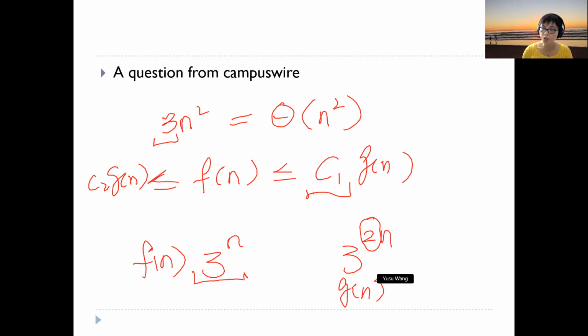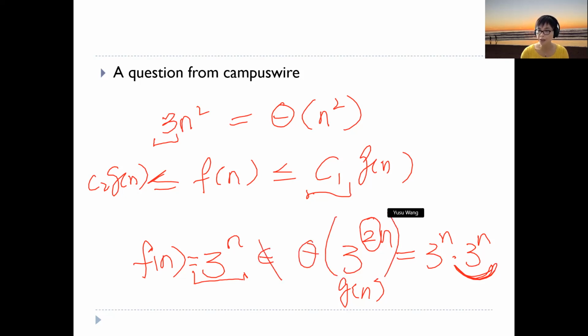So what is 3 to the power of 2n? This is in fact (3 to the n) squared, namely 3 to the n to the power of 2, while this is just a single 3 to the n. So as we can see, the second function g of n is significantly larger. So this is not in the big theta of this, okay?